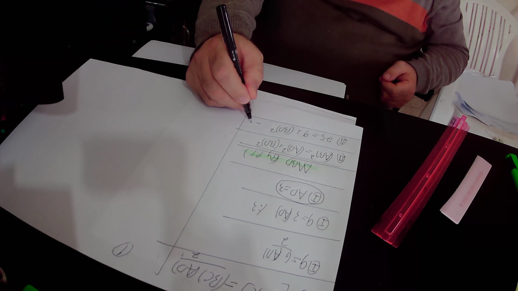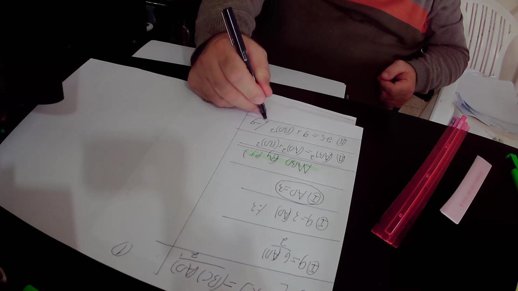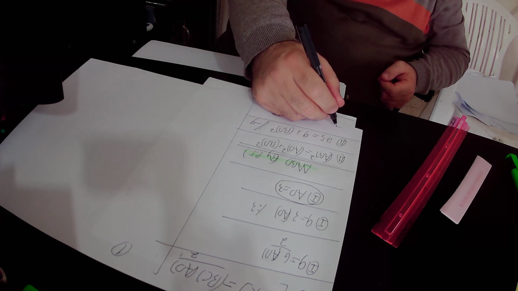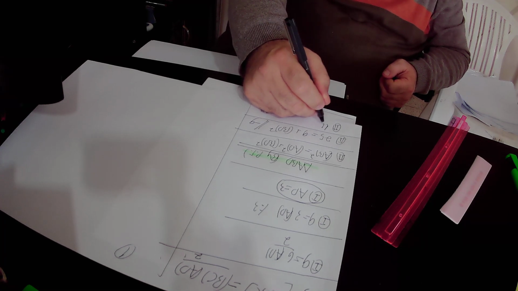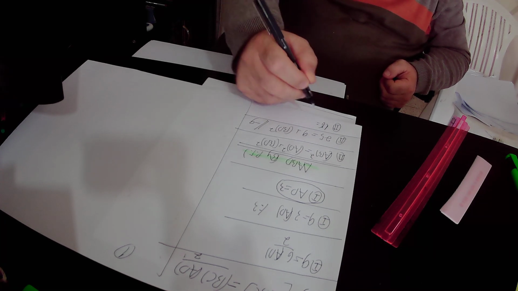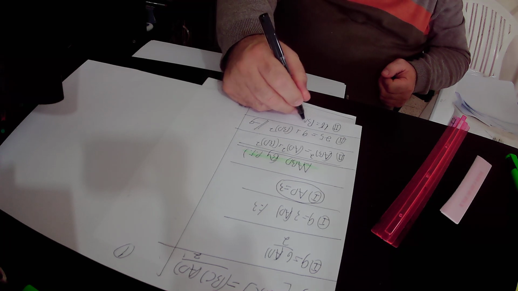Here we subtract 9 from this equation, equation number 2, and we get that 25 minus 9, which is 16, equals BD squared.